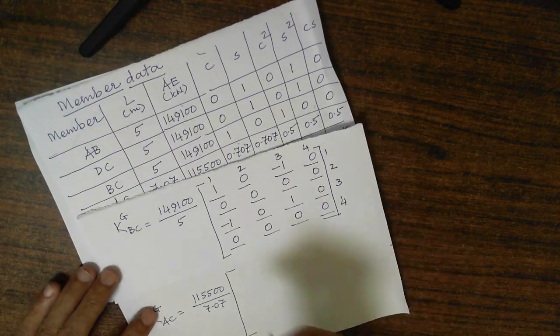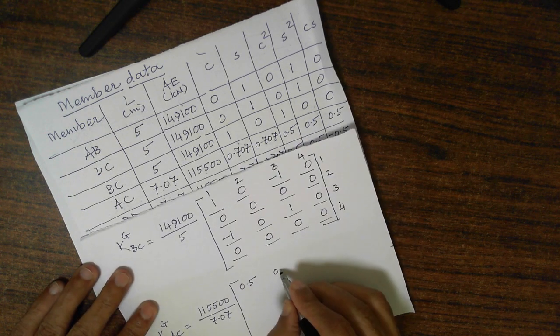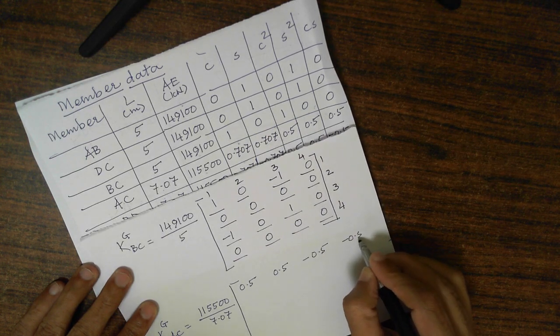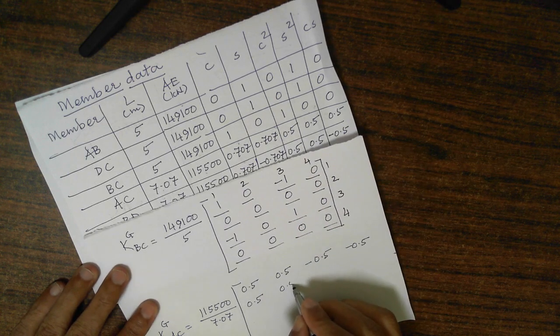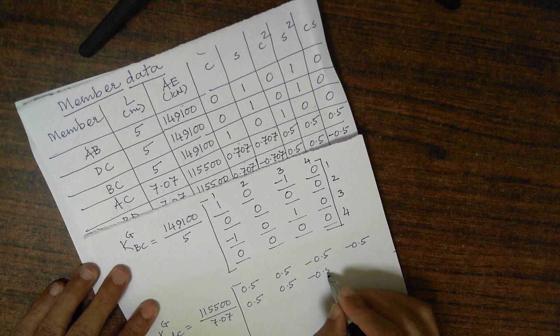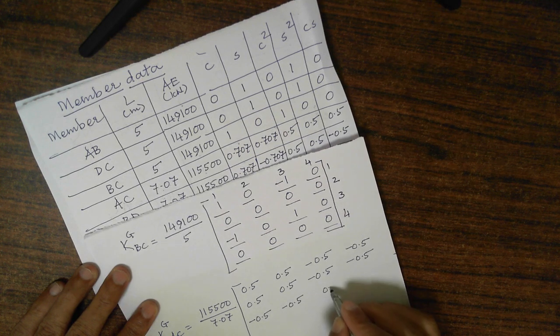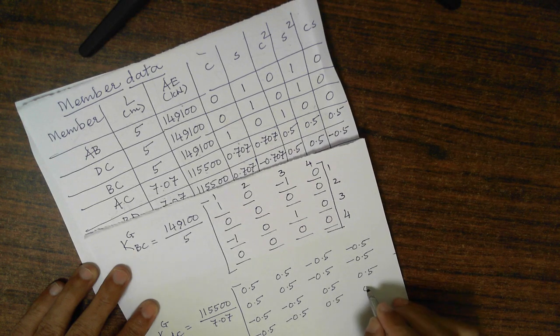For AC, the first term is C square 0.5, CS 0.5, minus C square minus 0.5, minus CS minus 0.5; CS 0.5, S square 0.5, minus CS, minus S square; minus C square, minus CS, C square, CS; minus CS, minus S square, CS, S square.